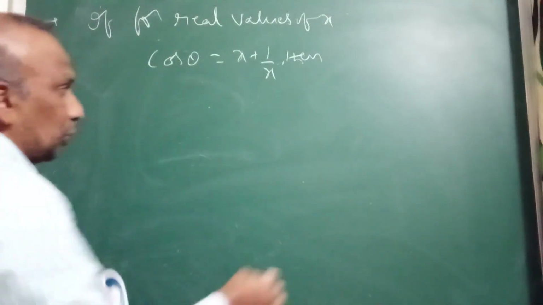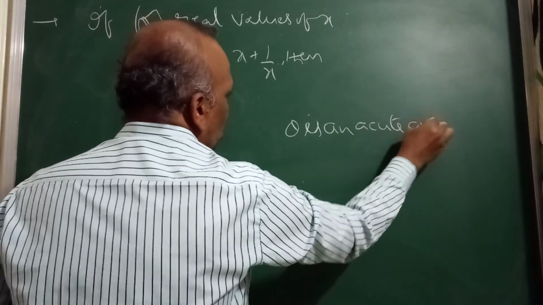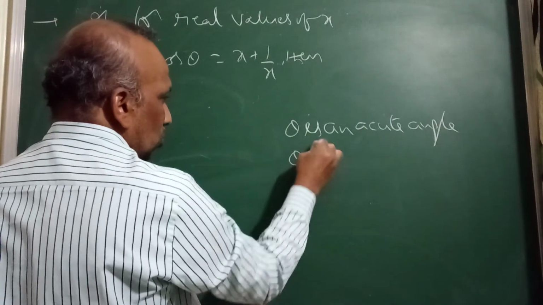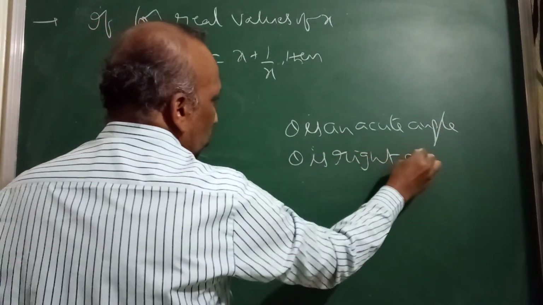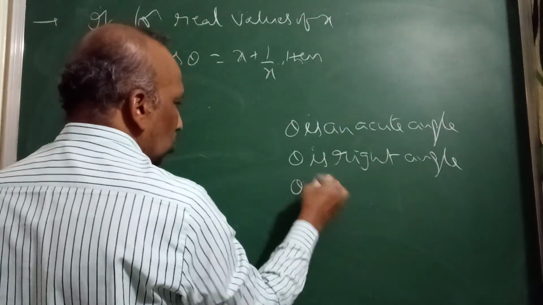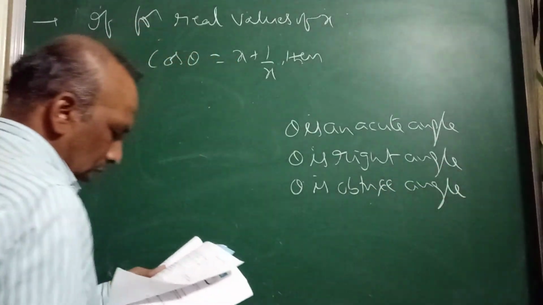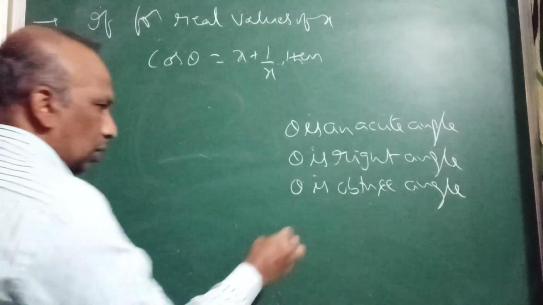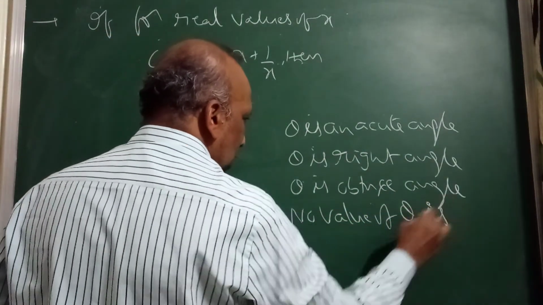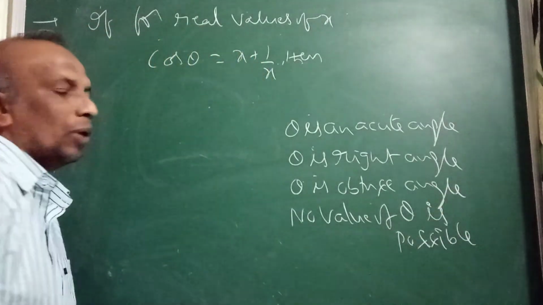Theta is an acute angle. Theta is a right angle. Theta is an obtuse angle. No value of theta is possible.